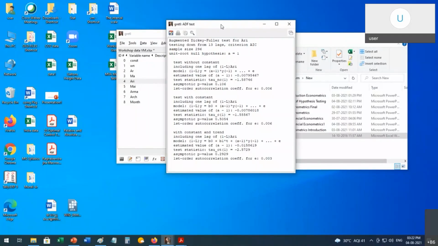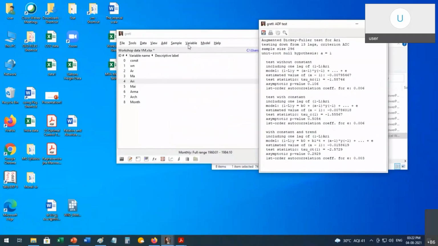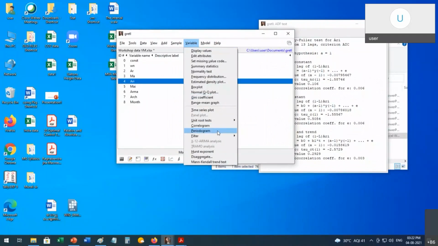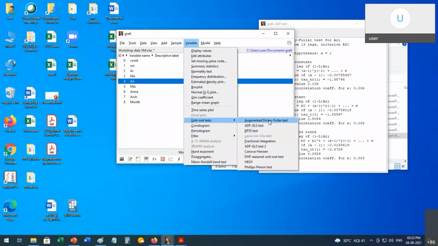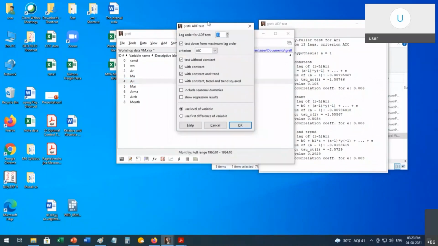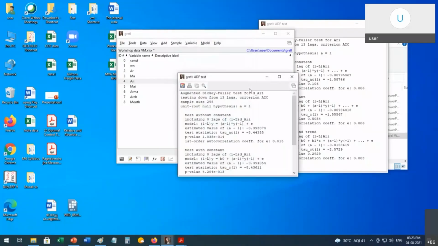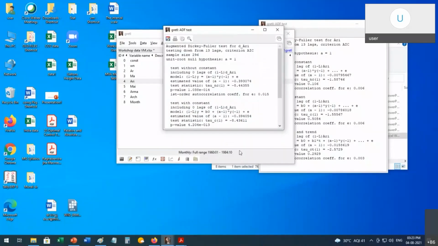So we again go to the variable, the same ARI, unit root test, ADF. This time we do it with the first difference, and then click OK. We get this result.